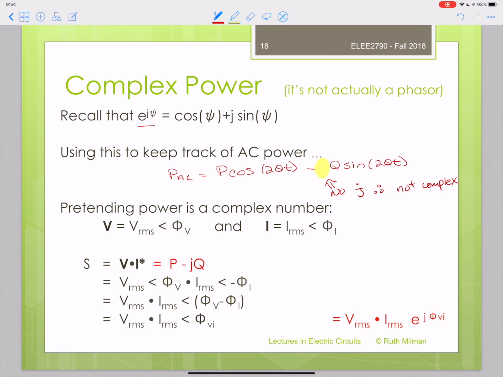But if there was a j, then it would be complex. In fact, we can actually use complex notation to do some of our power, to look at some of our information. So let's consider voltage as a phasor, and let's consider current as a phasor. But be careful, we're doing something different than we usually do in AC circuits. We're using voltage and current in their RMS values instead of in their peak values. Whenever we analyze circuits, we need to use the peak values. Whenever we use complex power, we consider the RMS values.